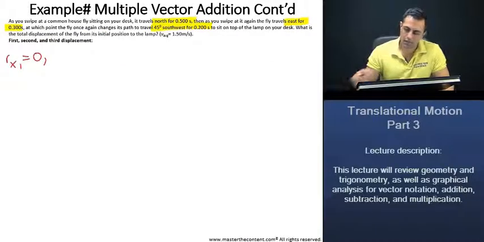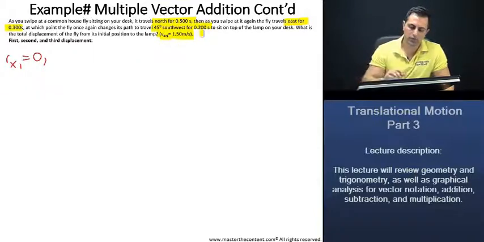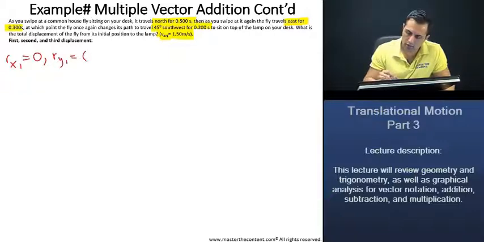Another important point that I should have mentioned earlier: it's telling us here that the average velocity is 1.50 meters per second for the fly. So for our y component here, we know that the total time that it is going to be traveling is 0.5 seconds.